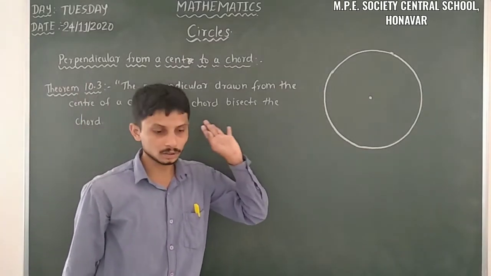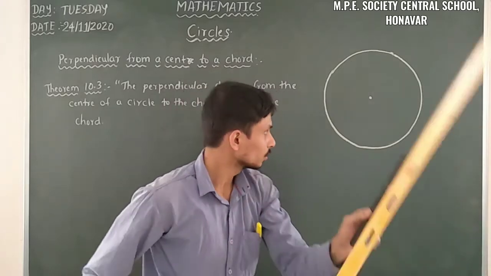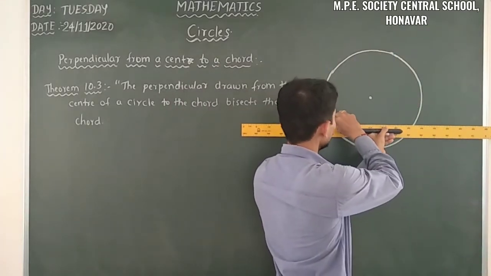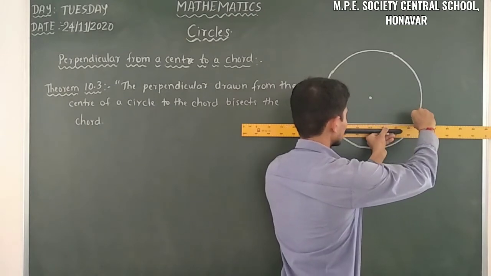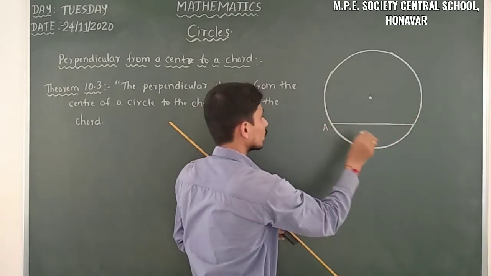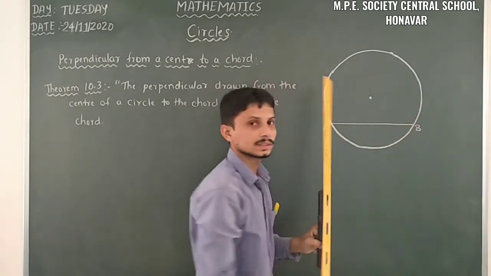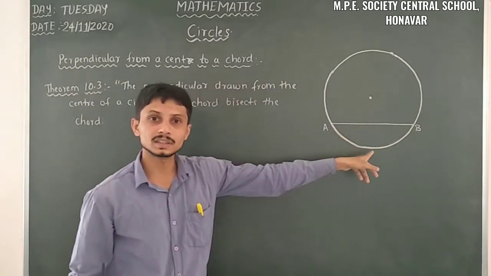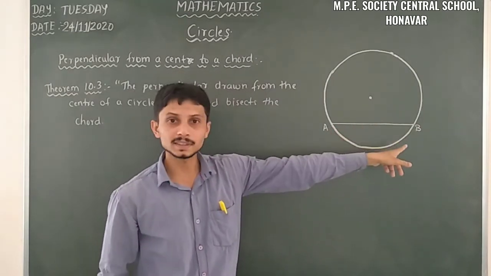Firstly we have to take a chord. I will take it as AB. A and B are any two points on the circle, and we join them, so AB is a chord.